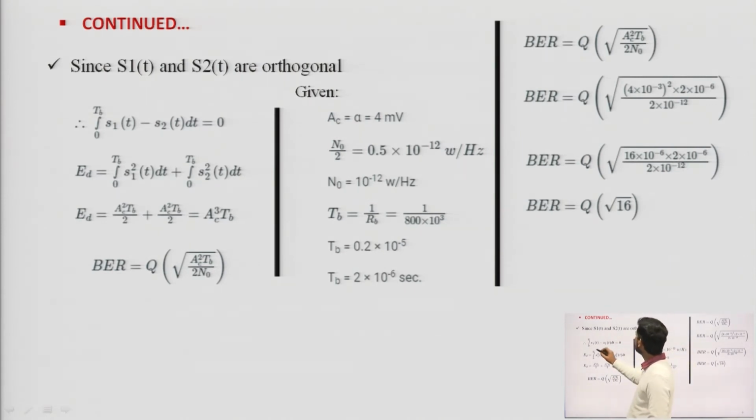That's why the integral of S1(t) times S2(t) dt equals 0, so in Ed only the first two terms exist.